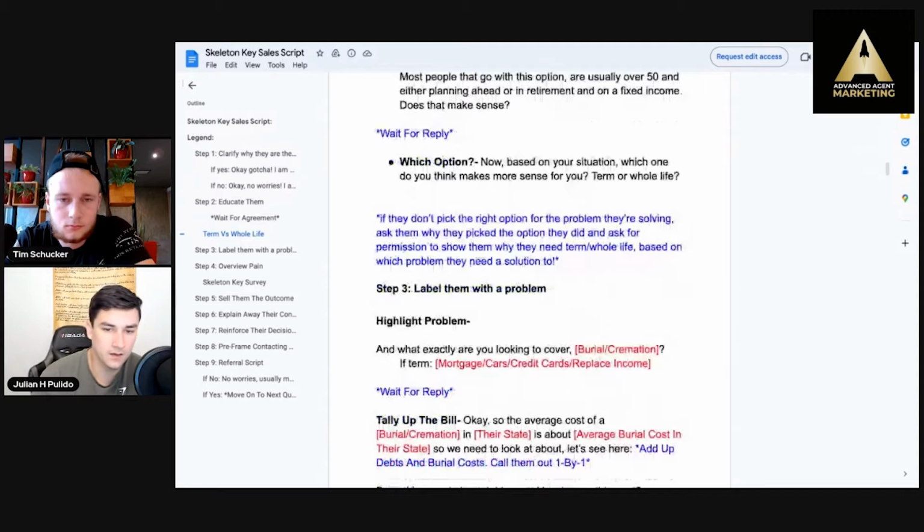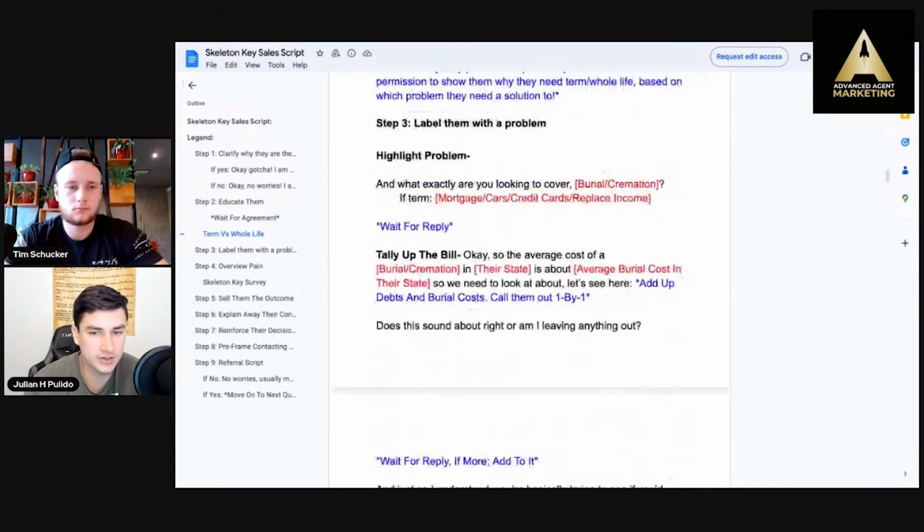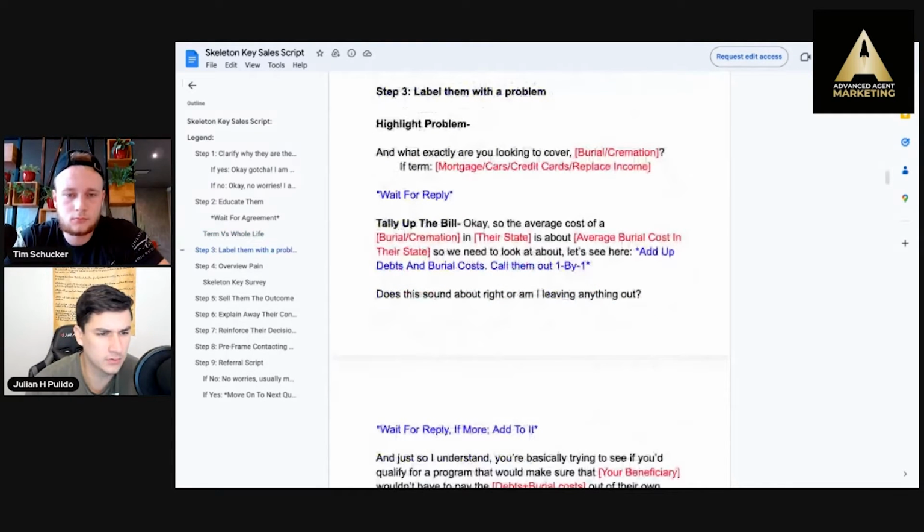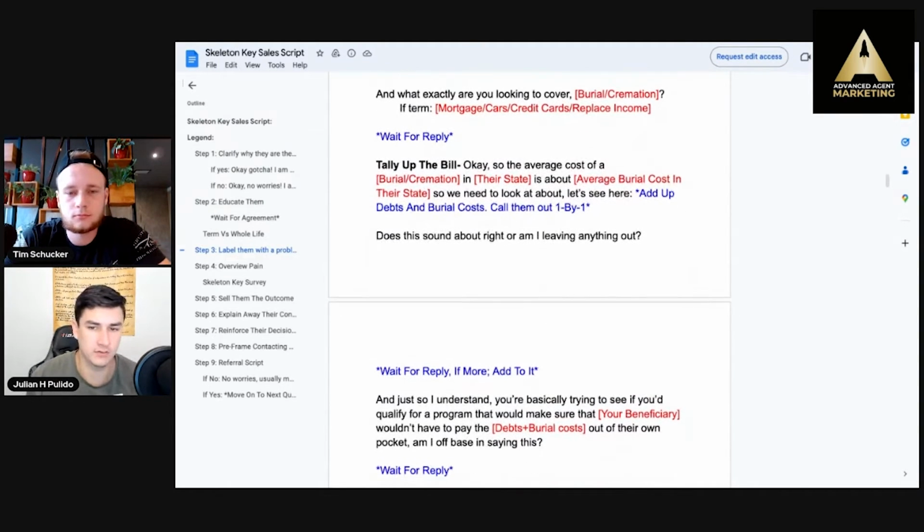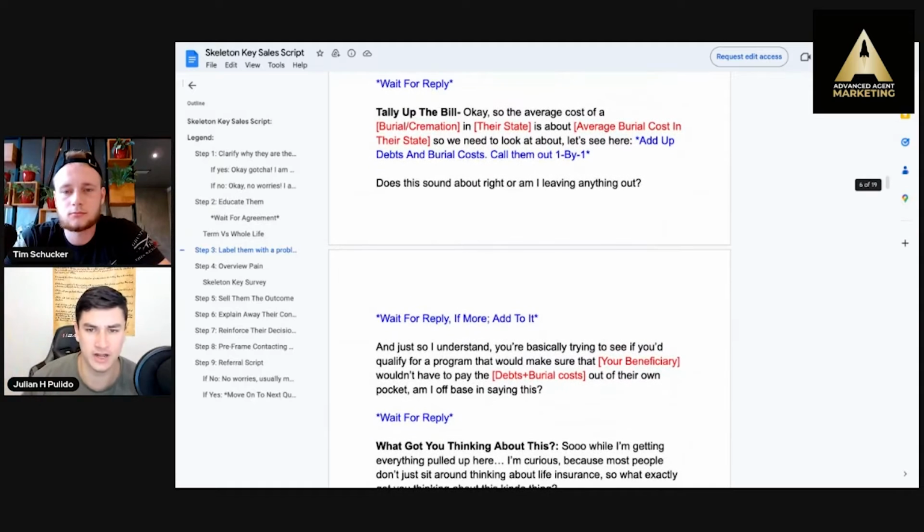Let's jump in. Okay, Tim, and what exactly are you looking to cover? Like a burial or like a cremation? Yeah. Definitely don't want to be cremated. So probably looking at a full burial with a casket and headstone and everything like that. Okay, awesome. And so the average cost of a burial in Arizona is, let's just say 10 grand.